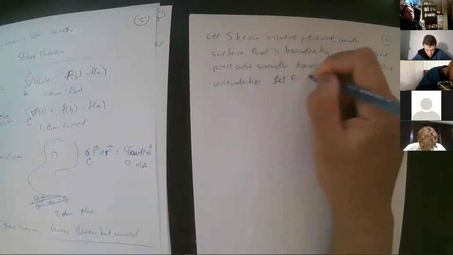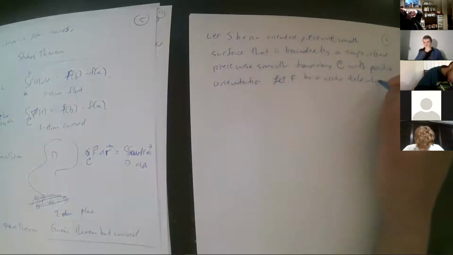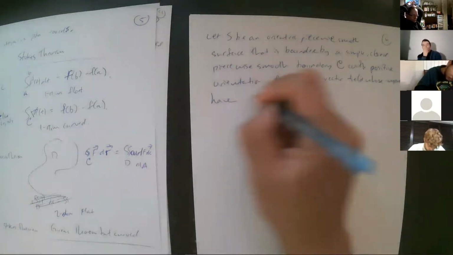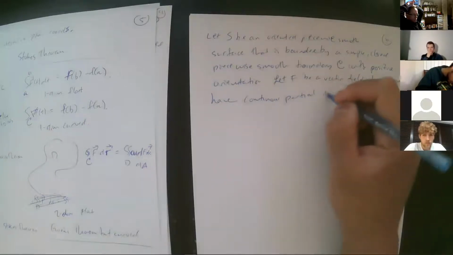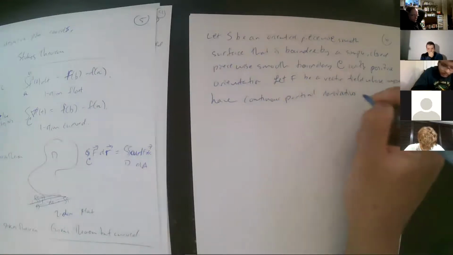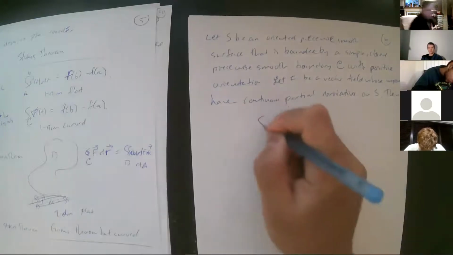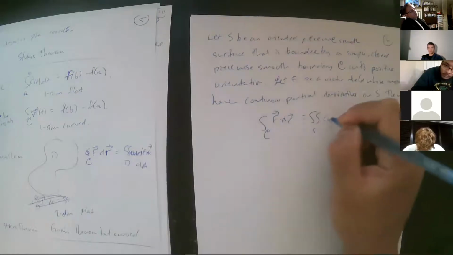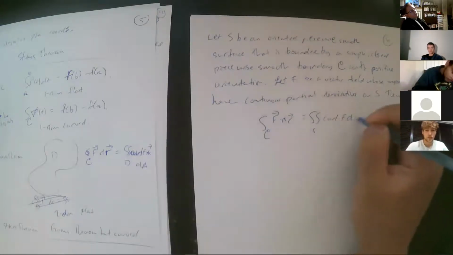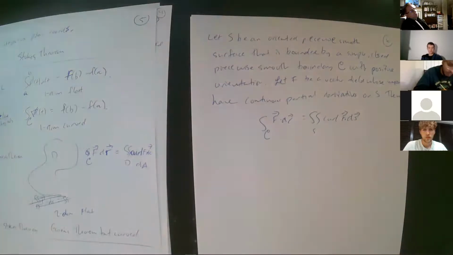Let F be a vector field whose components have continuous partial derivatives on S. Then, okay.